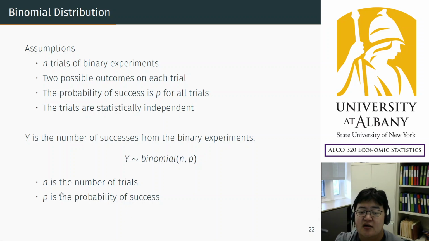N is how many times you repeat a binary experiment, and p is the probability of success in a single binary experiment. So in the binary case, n was 1, so there it was not a parameter. But now you may increase the number of repetitions, so it becomes another parameter of the distribution model. Right? So we use this notation.